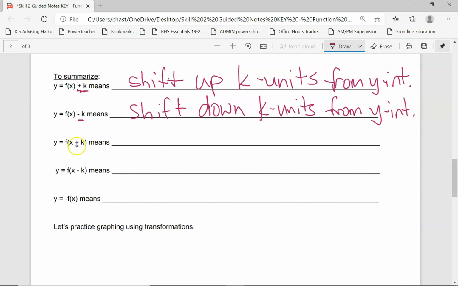Okay. If we have f of x plus k, so I'm going to put stars next to these two because these are the ones that I call the weird ones. So this says plus k, but we actually shift left k units.